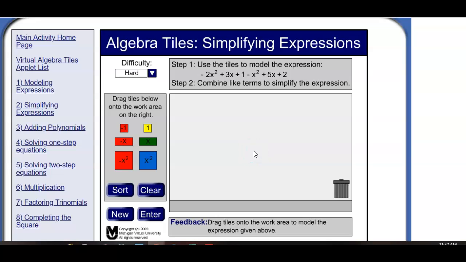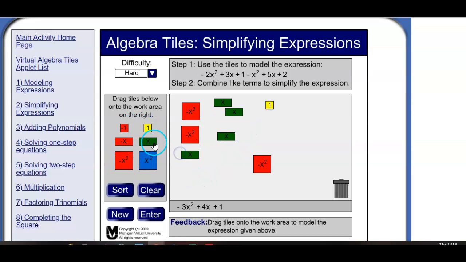So last one, try this one on your own. And then you should have gotten negative 2x squared plus 3x plus 1 minus x squared plus 5x plus 2.